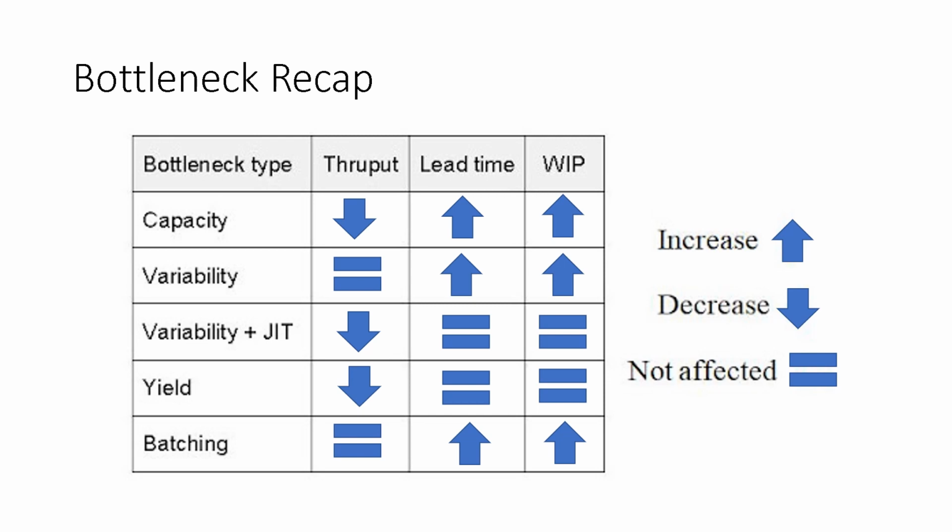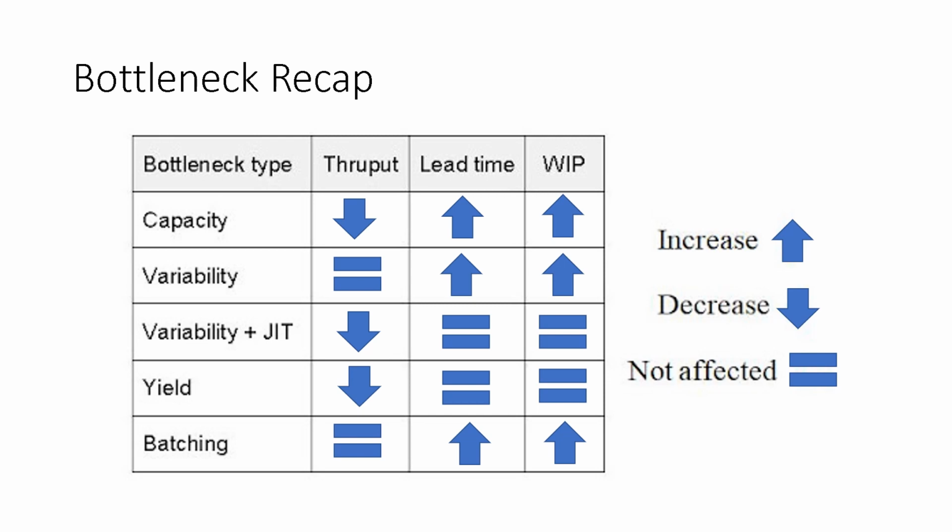When we applied just in time to a case of variability, there was a drop in throughput because you don't allow WIP to accumulate, but WIP therefore is maintained and therefore lead time also.